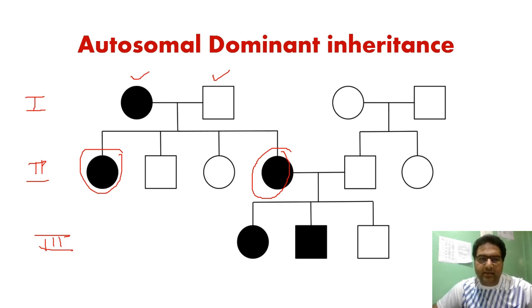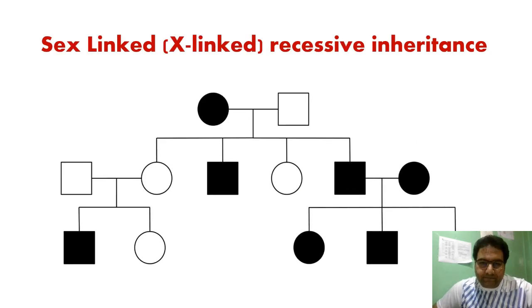So in the case of autosomal dominant inheritance, this trait affects both sexes equally, and it is transmitted by either sex.